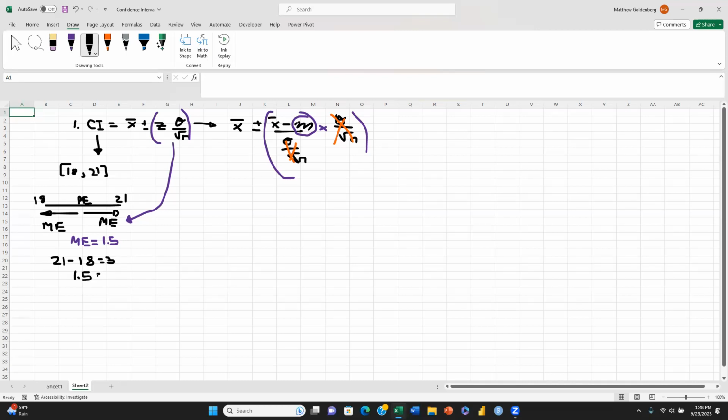That's your margin of error. Then if you add 1.5 to the bottom, 18, you get 19.5, and in this example that's the location of your point estimate, because again, the point estimate's right smack dab in the middle of your interval. So if you find the full range, find half of that range, and add it to the bottom, you can find where your point estimate or your mean is.